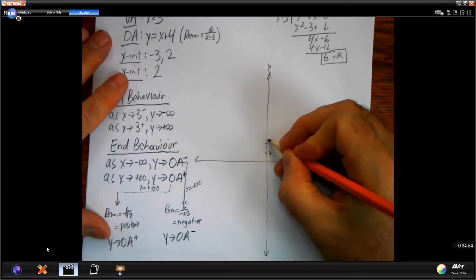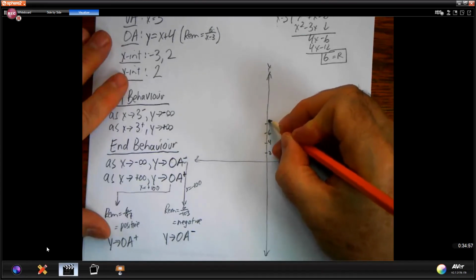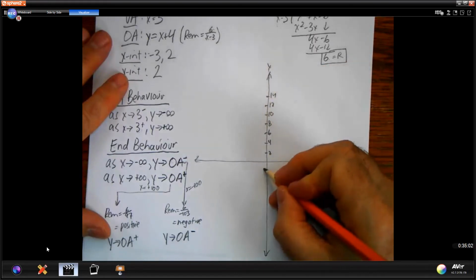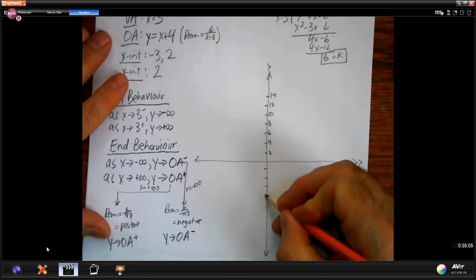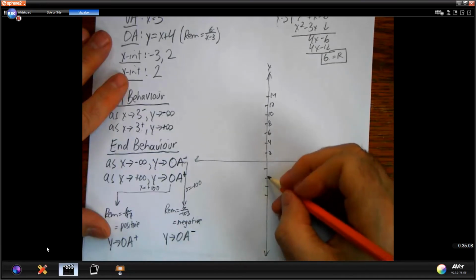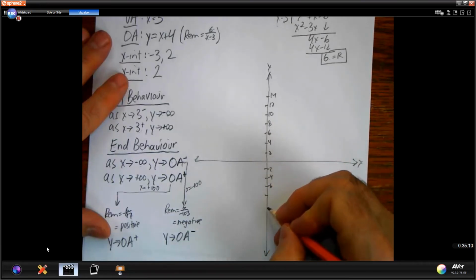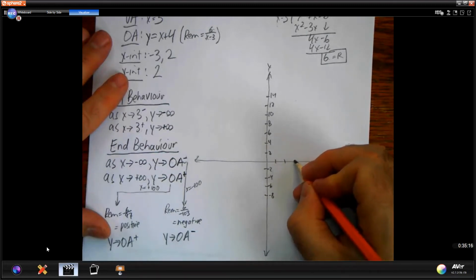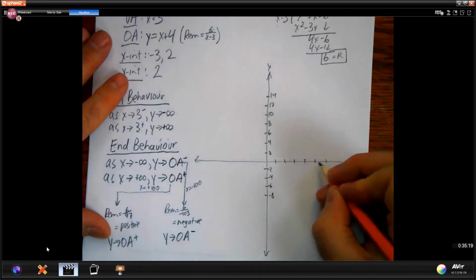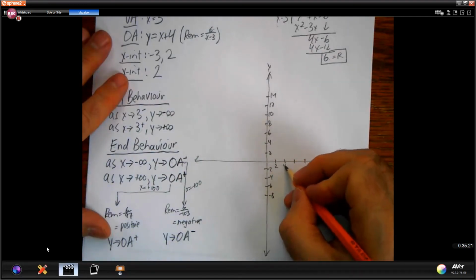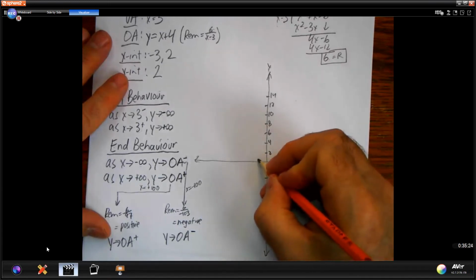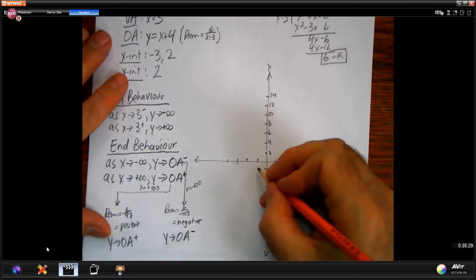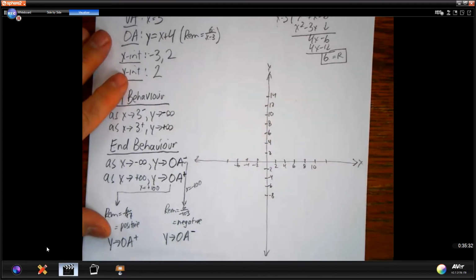So 2, 4, 6, 8, 10, 15. Negative 2, negative 4, negative 6. Negative 2, negative 4. Okay, so let's start.